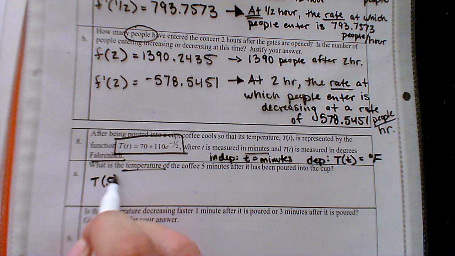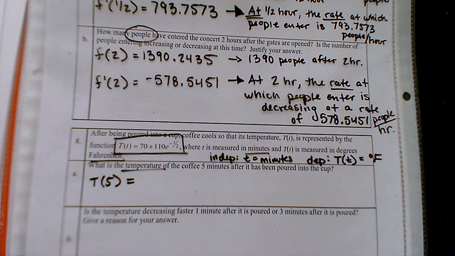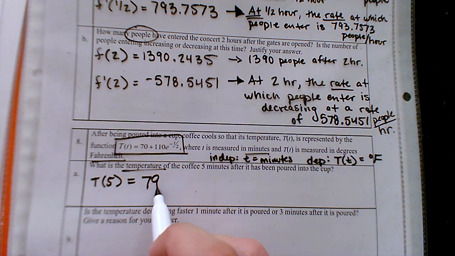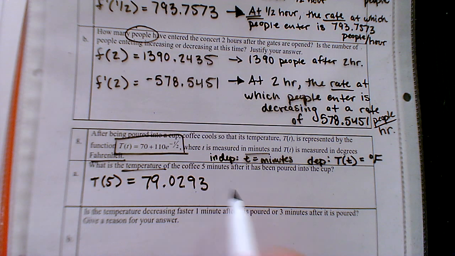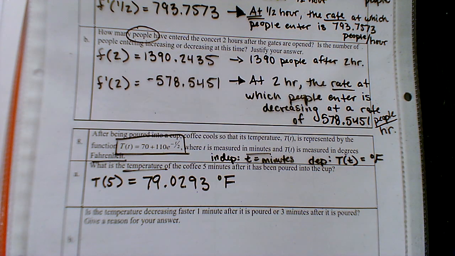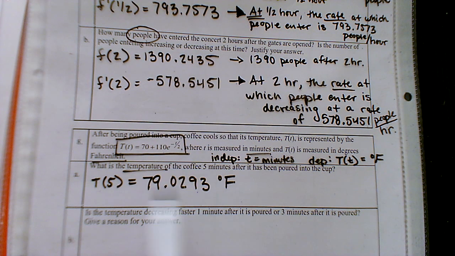So we'll plug in 5 and see what we get. 79 and some change. So this is the temperature of the coffee after 5 minutes of being in the room.